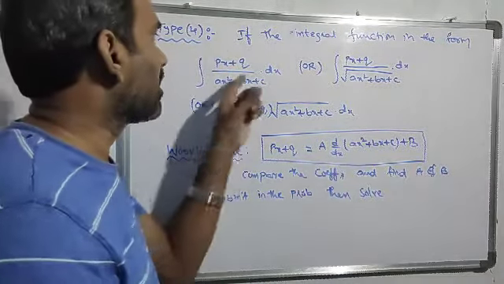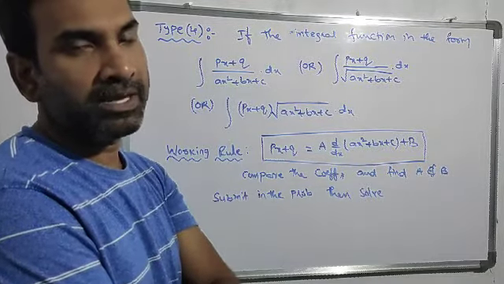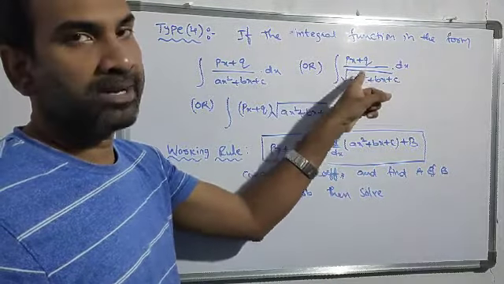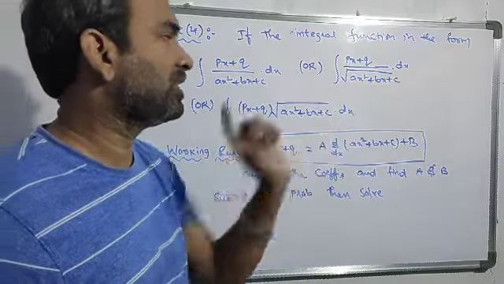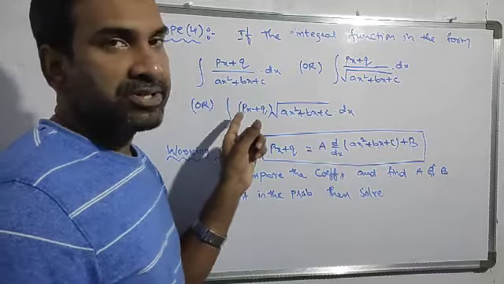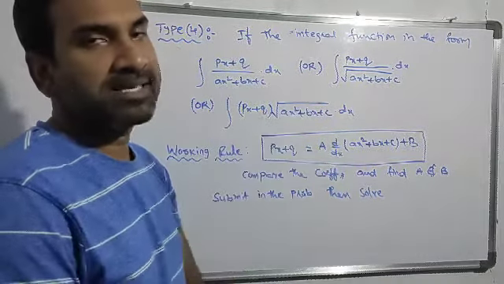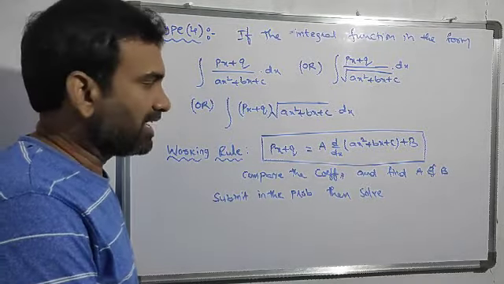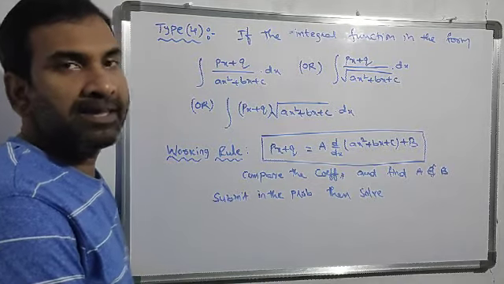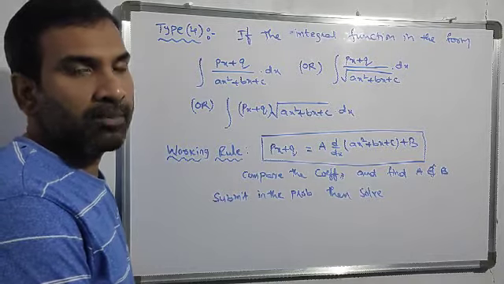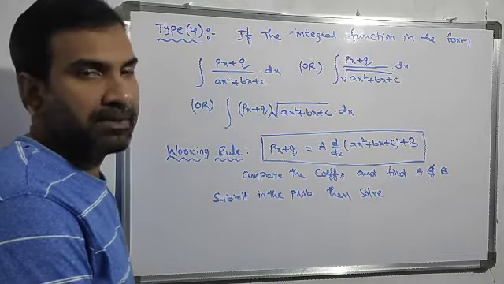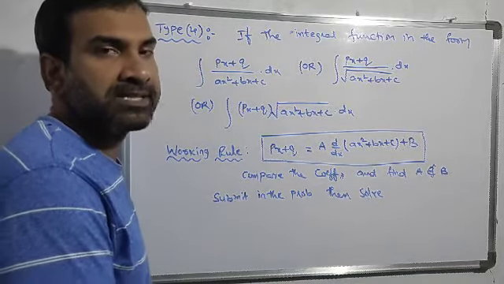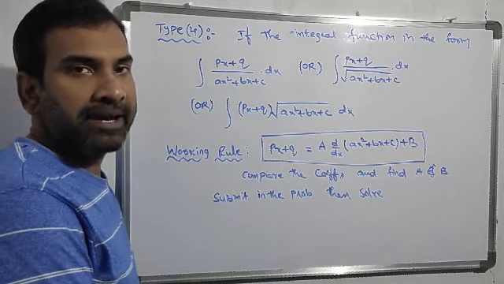If the function is in the form integration of px plus q by ax square plus bx plus c into dx, or integration of px plus q by square root of ax square plus bx plus c into dx, or integration of px plus q into square root of ax square plus bx plus c into dx, for these three types of models our working rule is px plus q equal to capital A into d by dx of that second degree polynomial ax square plus bx plus c, plus capital B. After this, compare the coefficients on both sides and find the capital A and capital B values.